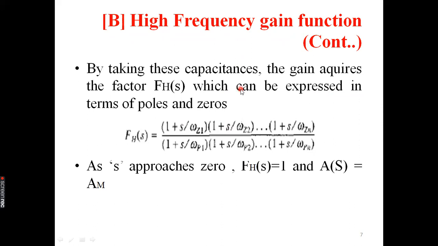The equation of FH of S is given by 1 plus S by omega Z1 into 1 plus S by omega Z2, etc., into 1 plus S by omega Zn, whole divided by 1 plus S by omega P1 into 1 plus S by omega P2, etc., up to 1 plus S by omega Pn. N stands for the number of poles and zeros.